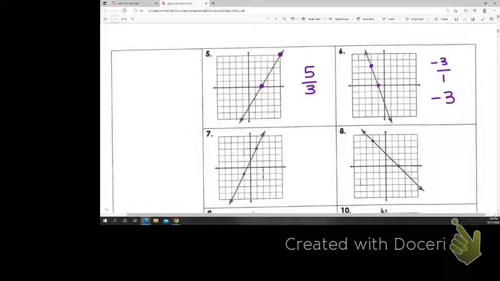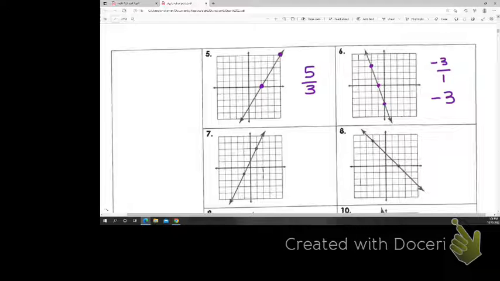So if it is a whole number, you can give a whole number as an answer. And if you want to check, okay, I'm pretty sure it's negative 3, if I go down 3 and over 1 again, it should be another perfect corner. In this case, it's pretty obvious. Sometimes there are some that can get like 7/5 or something, and it's like, I think this is it.